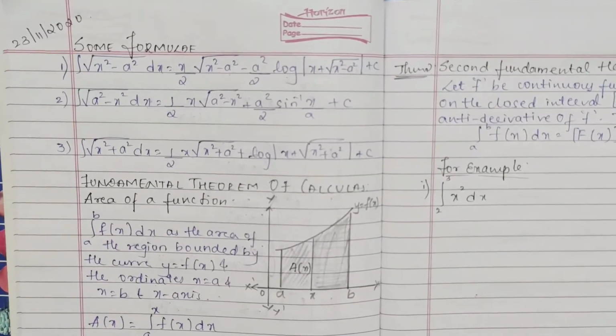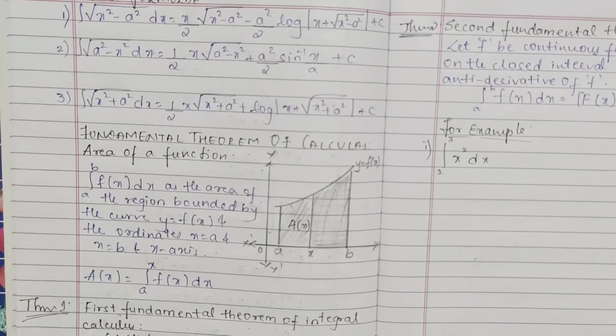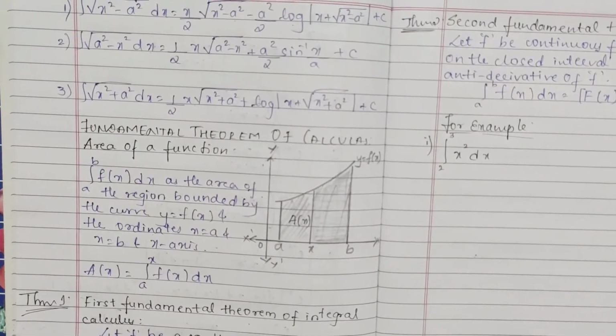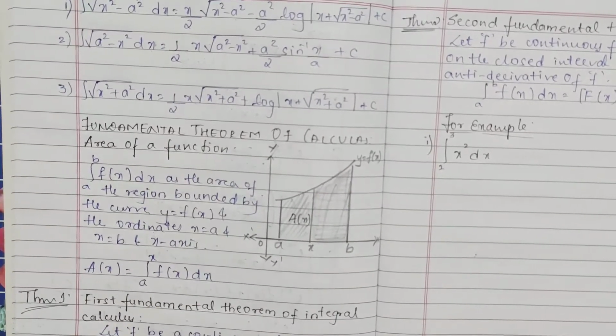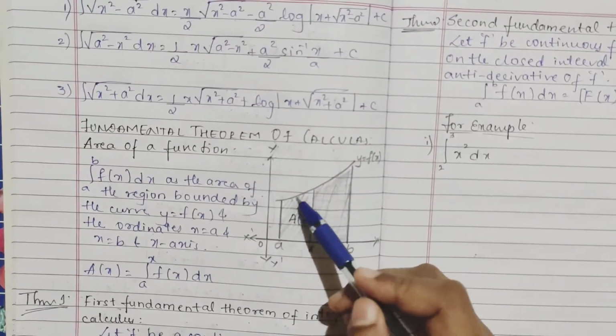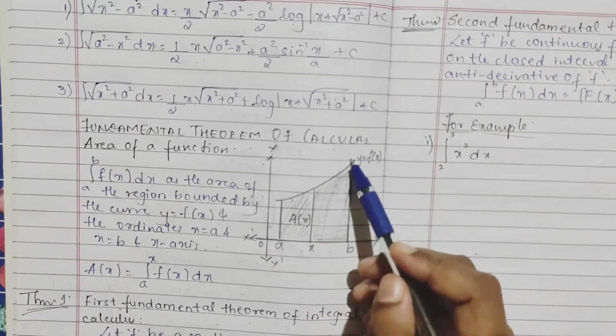Okay, based on this we will proceed to our next topic, the fundamental theorem of calculus. In that, for the area of a function, consider a curve y is equal to f of x.